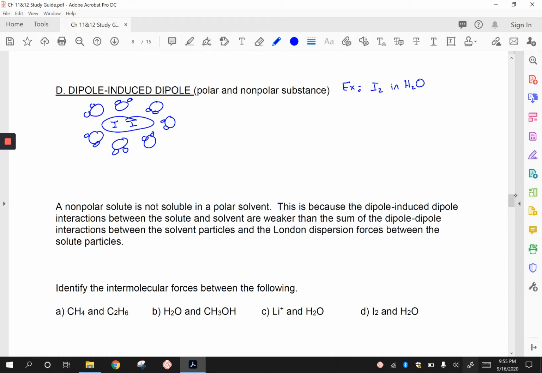So just because of the polarity of the water, if it's lined up this way, because these are partially positive, it's going to attract the electrons in the iodine to migrate this way. So your electron cloud is going to get distorted, and you're going to get a very, very slight partial negative here, and a very, very slight partial positive here.